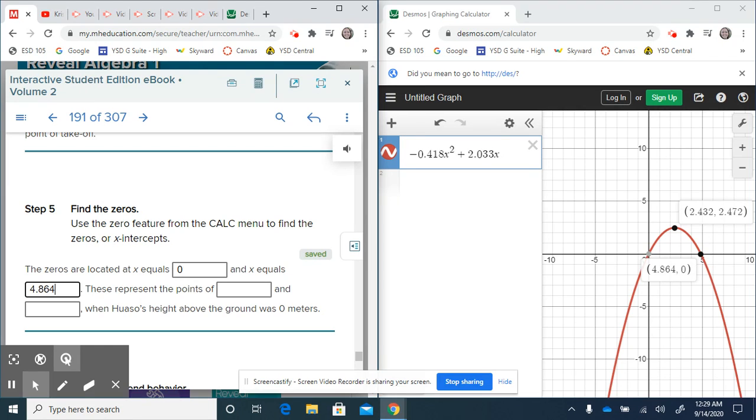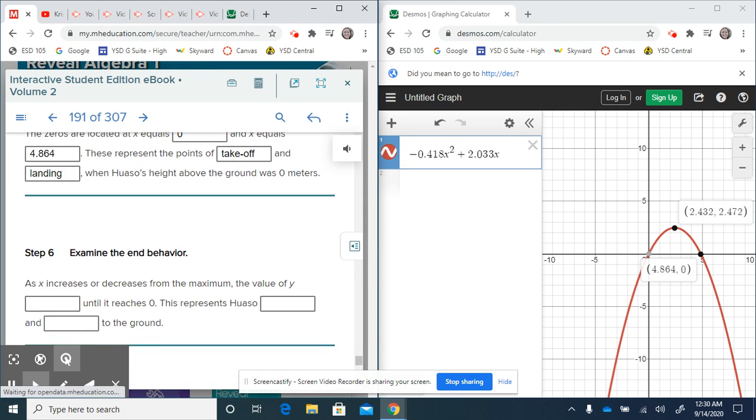These represent the points of takeoff and when they land. So the landing. So when his height above the ground was 0 meters.